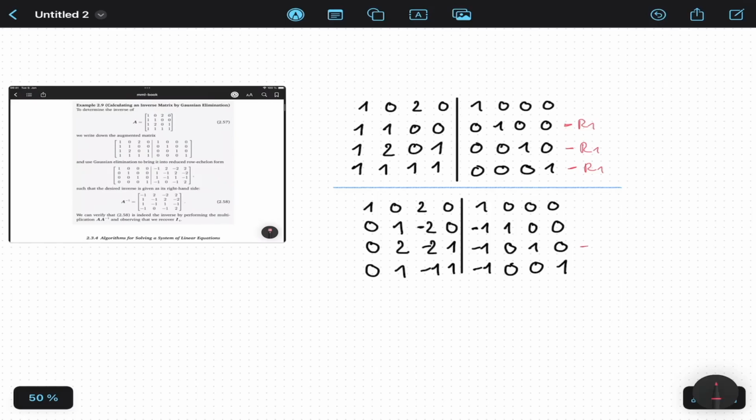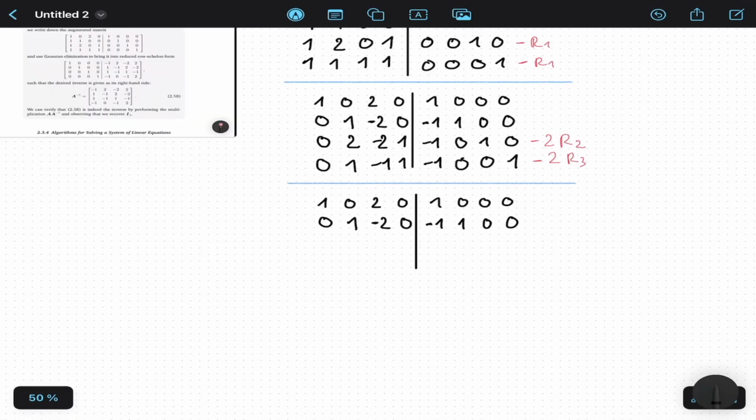Here we want to take the second row 2 times to get rid of the 2. And here we can actually subtract 2 times the third row. Okay, so row 3. Again, how does that work?